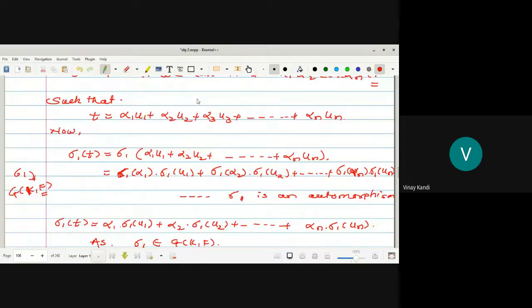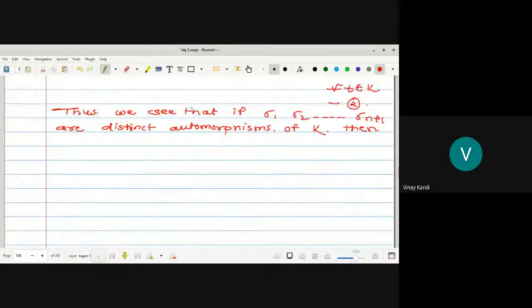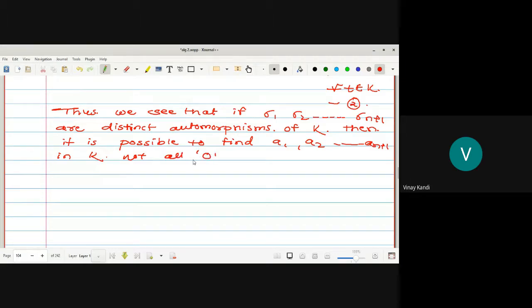So thus we can see that if sigma 1, sigma 2, up to sigma n plus 1 are distinct automorphisms of K, then it is possible to find a1, a2, up to an plus 1 in the field K, not all 0, because these are the non-trivial solution, such that equation 2 holds.